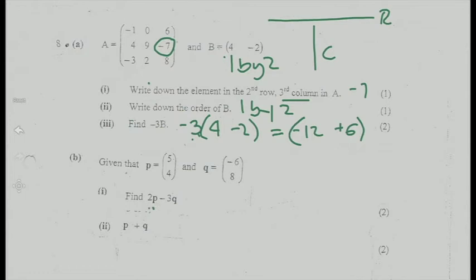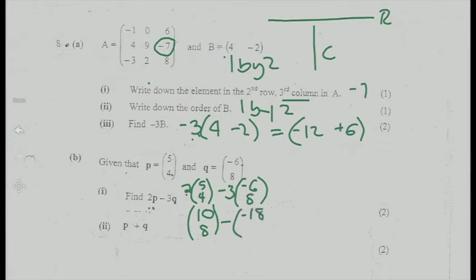So we have to multiply this 2 here, and the 3 here. 2 times 5 we have 10. 2 times 4, we have 8. -3 times -6, we have 18 here, so it's a -18 here.